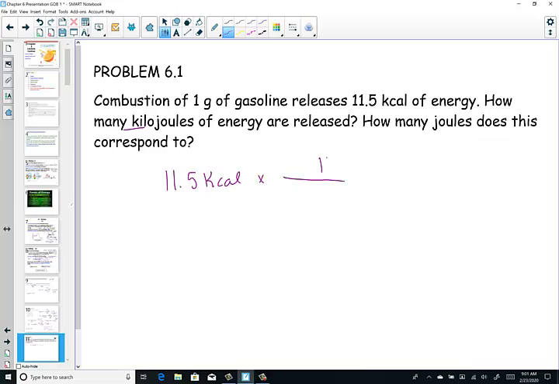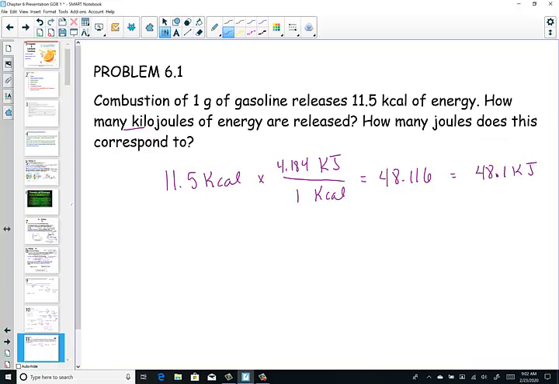So we can use our conversion where we know 1 kcal is equivalent to 4.184 kJs. And we can get our first part of the answer by simply multiplying 11.5 times 4.184. Did you find 48.116? And then we'll consider proper use of sig figs, so we'll round to 48.1 to get 3 sig figs, and that's in kJ.